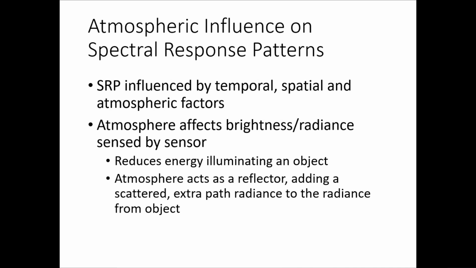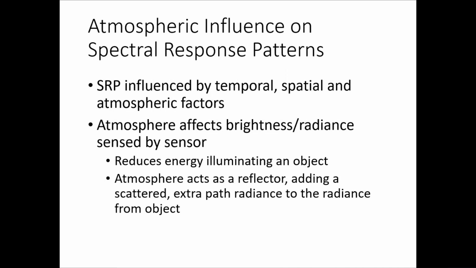The major thing with atmospheric factors is that there will be some additional radiance on the object, or some reduction in the radiance as well, due to atmospheric scattering. The interactions of the electromagnetic radiation in the atmosphere affect the brightness or radiance that is sensed by your sensor. There is a possibility of reduction in the energy available for illuminating an object.